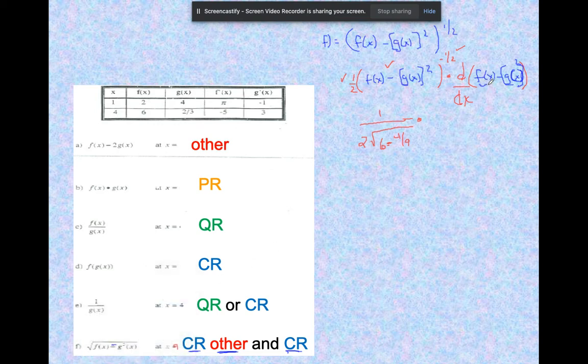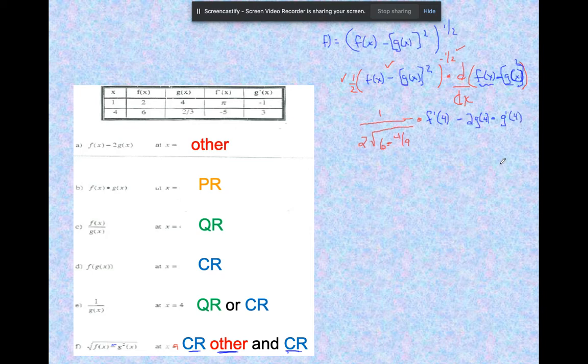Well, the derivative of f of x is just f prime at the number they've asked me to, minus the derivative of g of x squared. Chain rule, bring that 2 down, copy over the middle, subtract 1 from the exponent, that's just to the first, spit out the derivative of the middle.